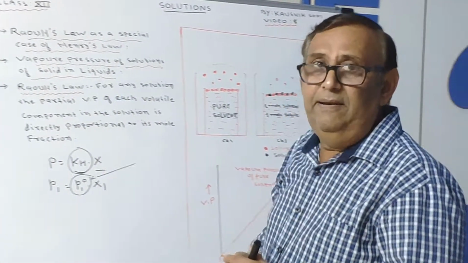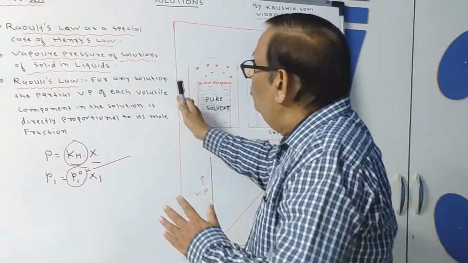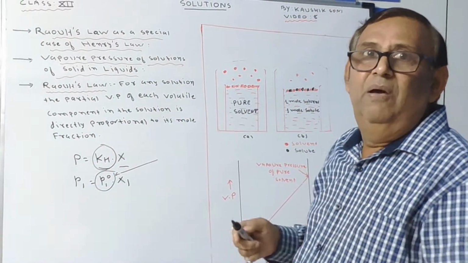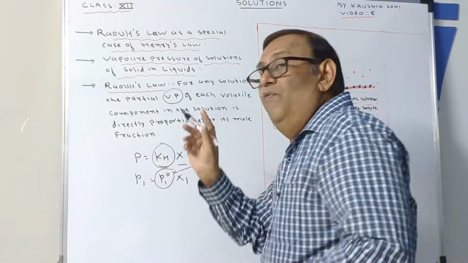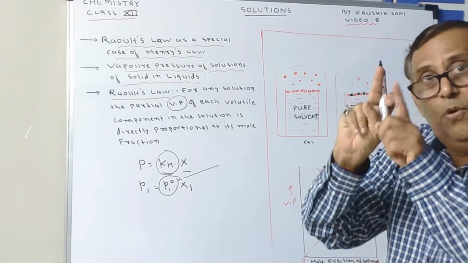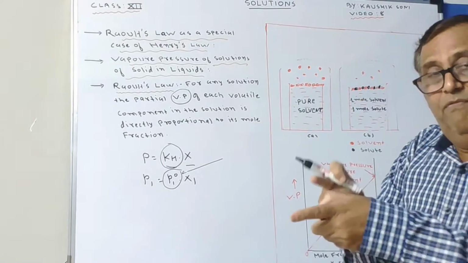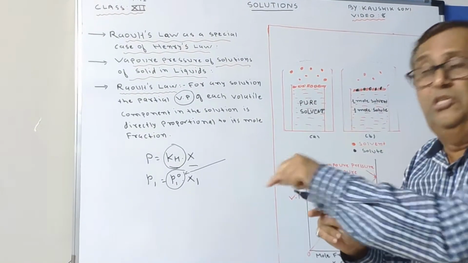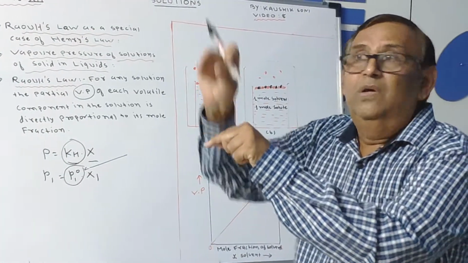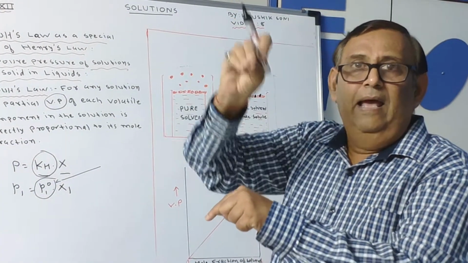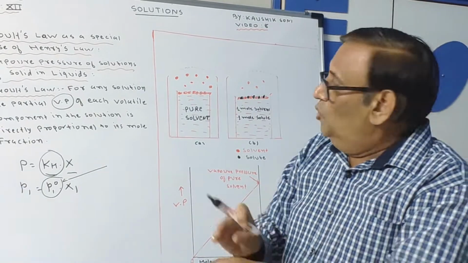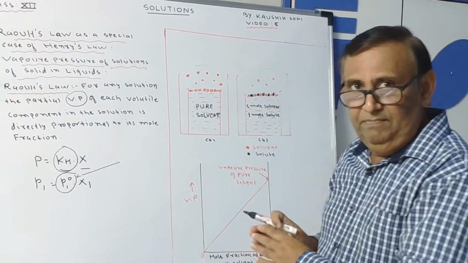Now to understand this Raoult's law, first we will discuss vapor pressure: the vapor pressure of pure solvent and the vapor pressure of a solution in which a solute dissolves in a liquid solvent. Here is a figure.